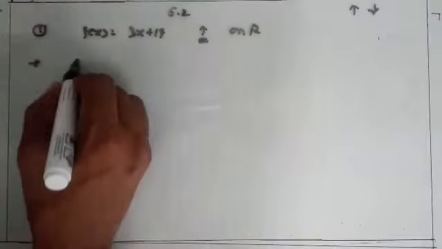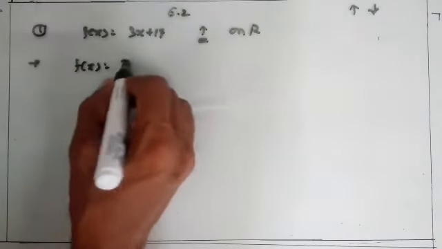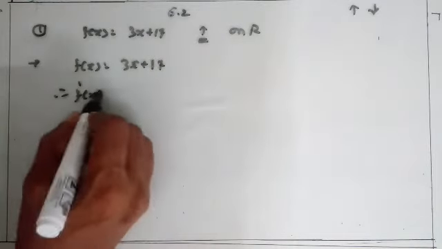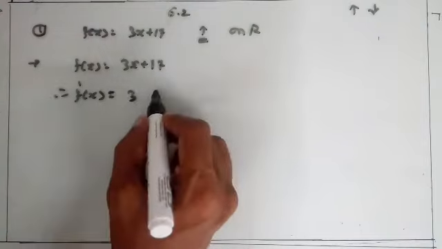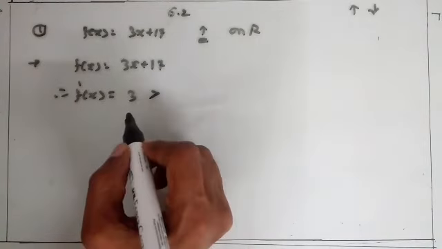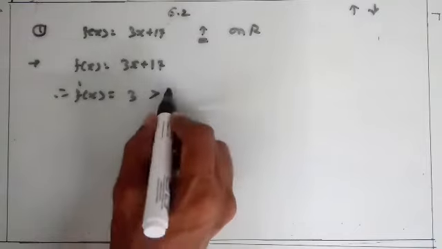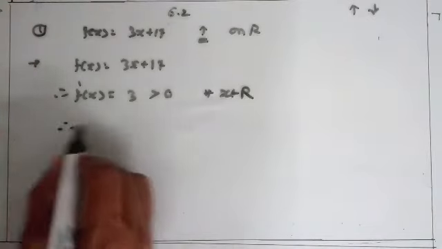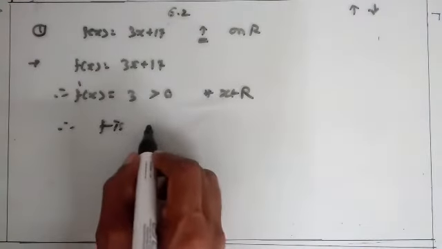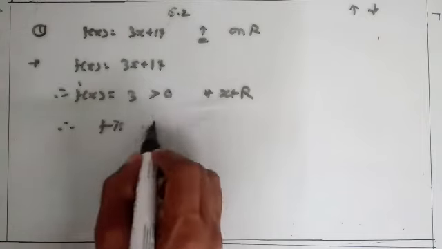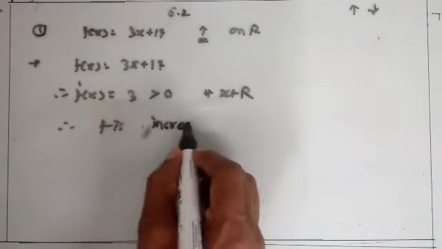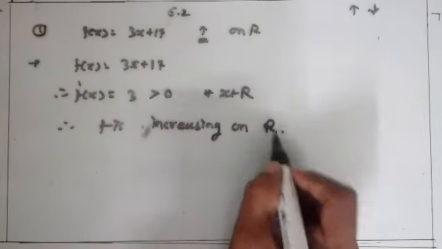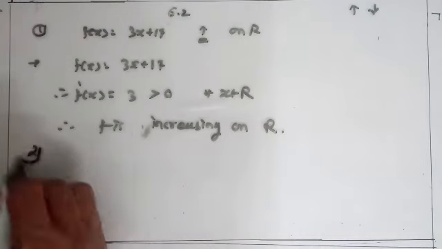Here, find the first derivative. f(x) is equal to 3x plus 17, therefore f dash x is equal to 3. For any value of x, f dash x equal to 3 is greater than 0 for all x belongs to R. Therefore, f is increasing on R. Clear?